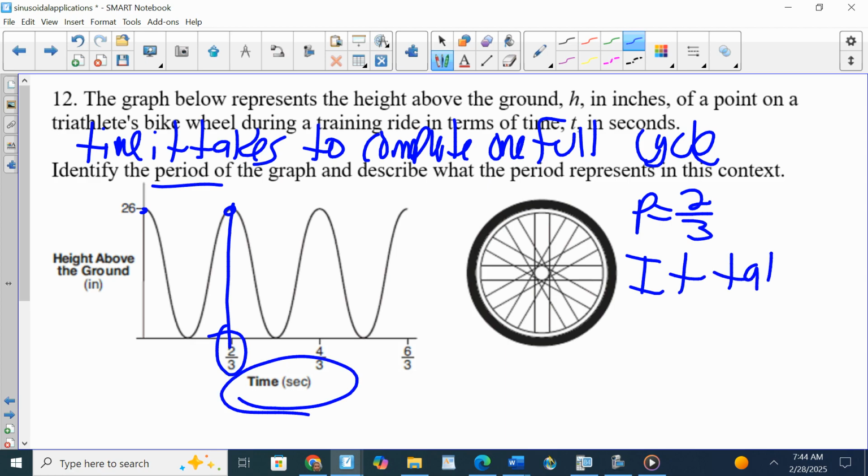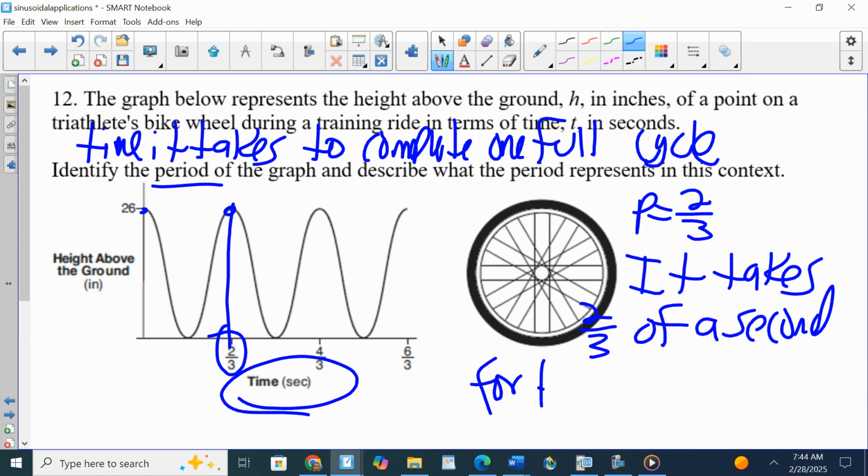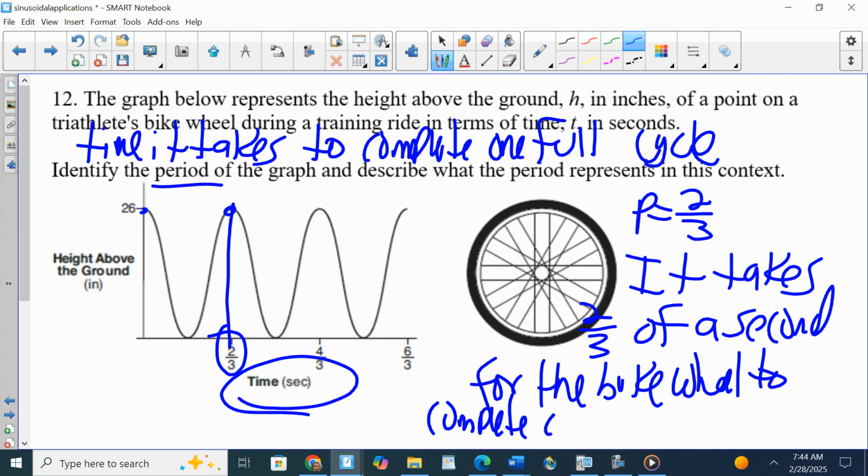It takes 2/3 of a second for the bike wheel to complete one full rotation. It's going to always be the time it takes to complete one full cycle.